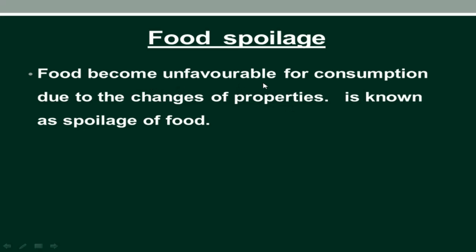Mainly, food becomes unfavorable due to the activities, if not growth, of microorganisms on the food. The properties of the food change due to the growth of the microorganisms. This process is known as spoilage of food.